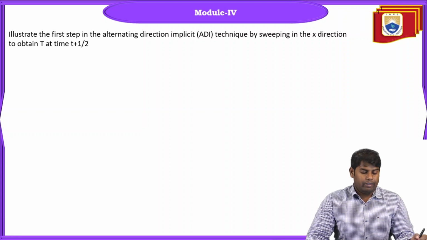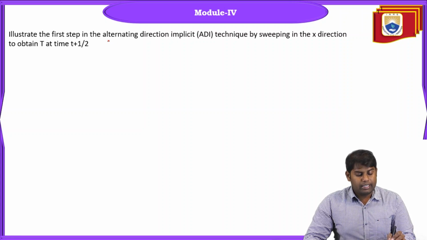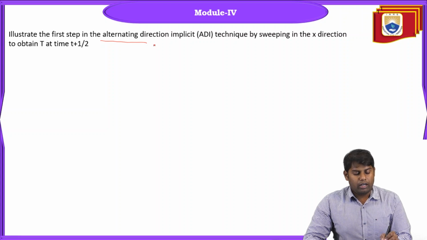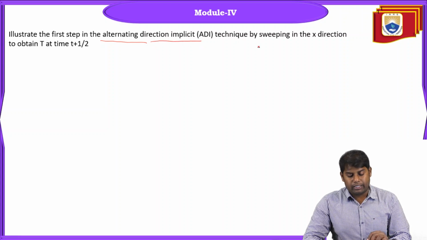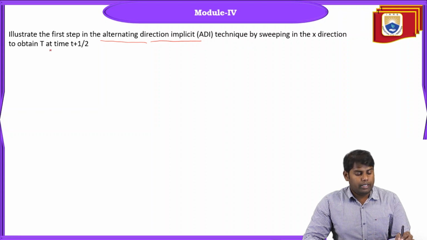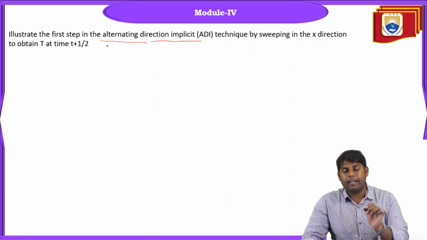Now we will see what the ADI method is. The alternating direction implicit method, ADI, sweeps the x direction to obtain the solution at time t equal to t by half, and we will see additionally what happens along the y direction also.